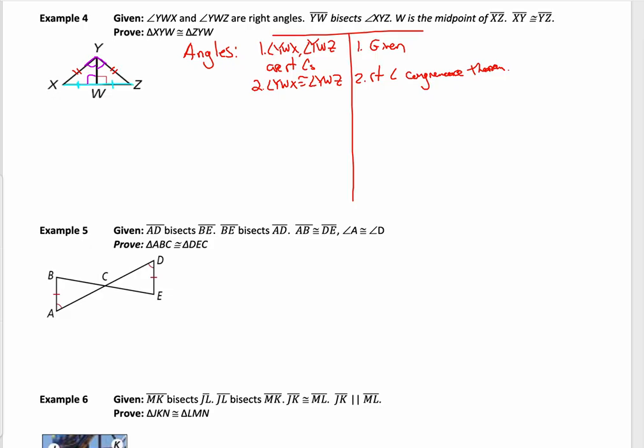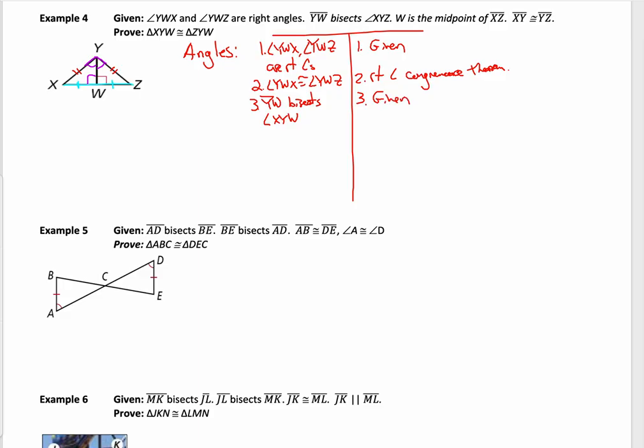Secondly, I'm given YW bisects angle XYZ, and that's given.